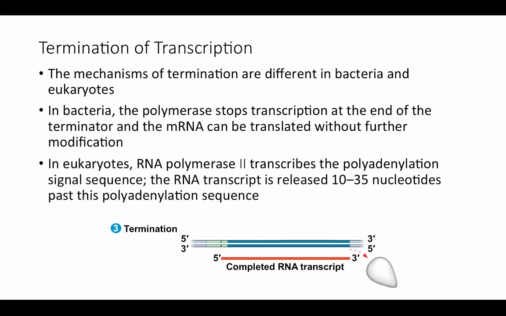In eukaryotes, RNA polymerase II transcribes a sequence called the polyadenylation signal sequence. This is a very specific sequence of A and U nucleotides that signals the end of the transcript. So then the RNA transcript is released 10 to 35 nucleotides past where this signal is found.